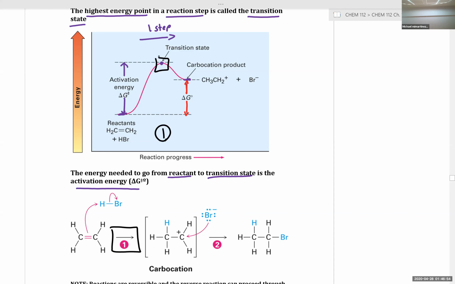Does this make sense to everyone so far? Does this seem familiar so far? Now, don't fixate too much on the exact reaction we're focusing on. Just focus on understanding the portions of the graph: the reactants, products, activation energy, and transition state.